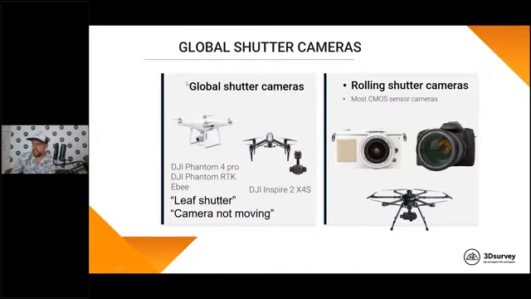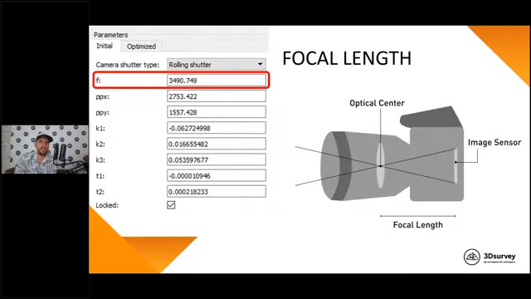That's the shutter type. So this one we need to set up properly. Now the second parameter. So this one is actually the most important parameter of them all. It's called f, or focal length. So this tells us the distance between the optical center of the camera, so that's the point that all the rays travel to, and our image sensor.